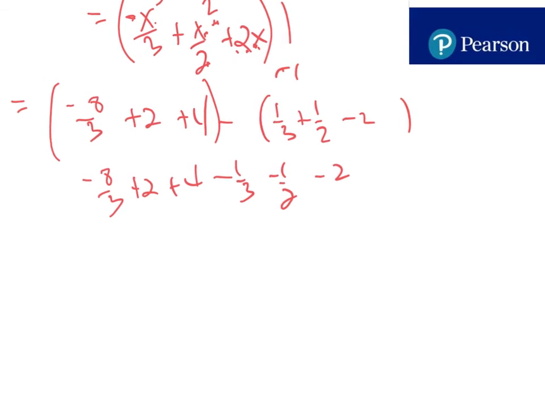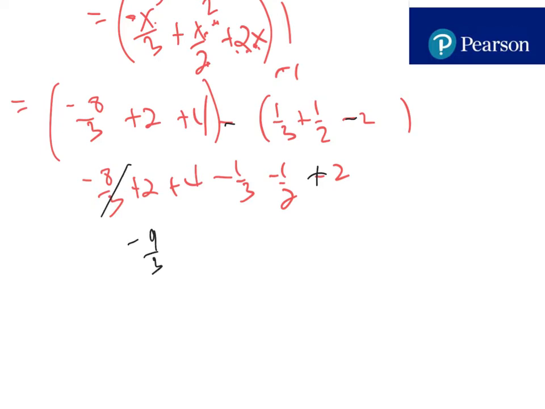I'll be really impressed if I get it right. So should you be. The plus 2, wait, that should be a minus 2, shouldn't it? That'd be a plus 2. So the negative 8/3 minus a third would be a negative 9/3.